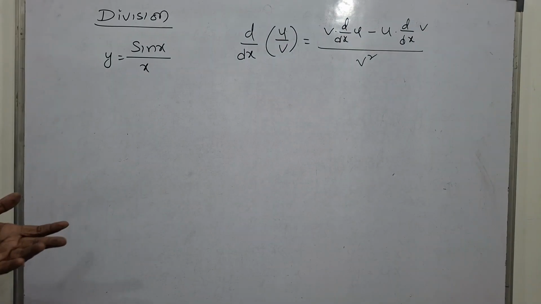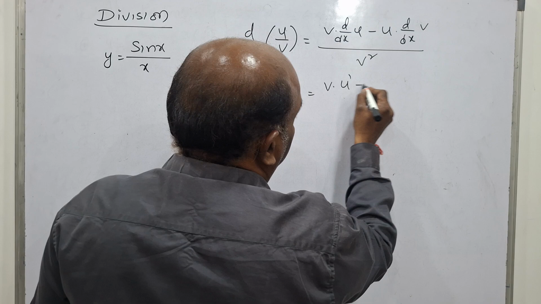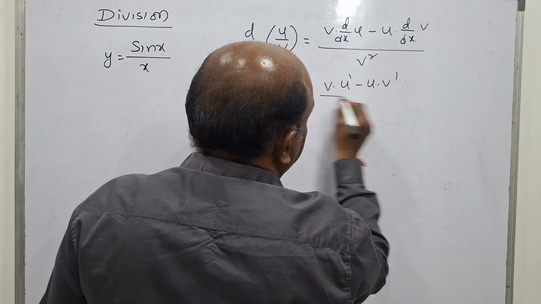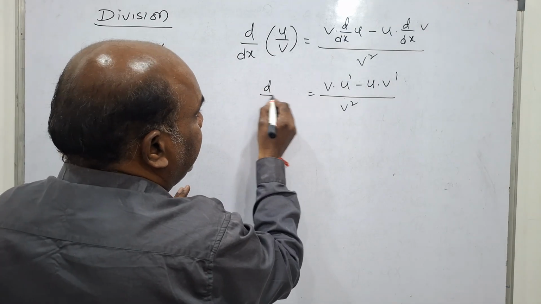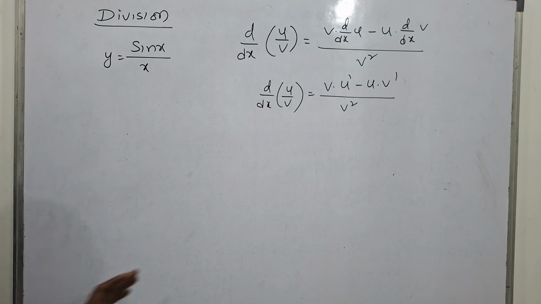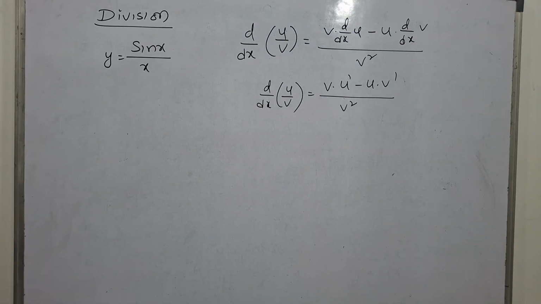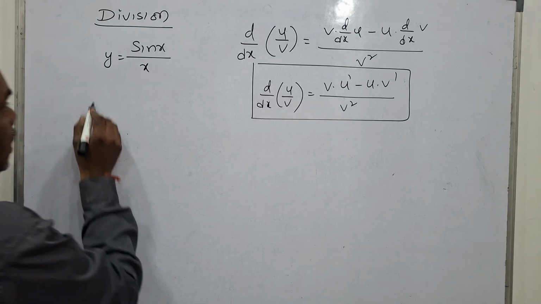Simply, v into u dash minus u into v dash by v square. This is the differentiation of u by v. Very important.